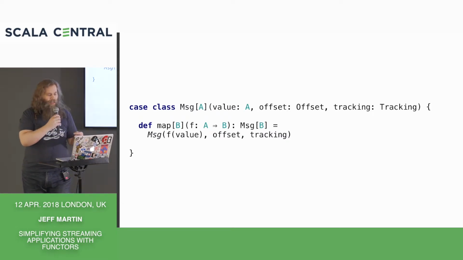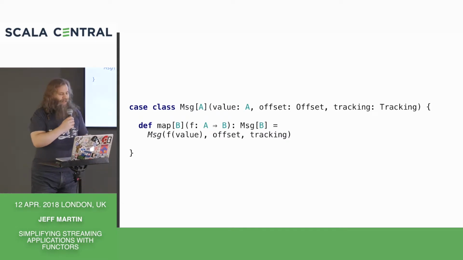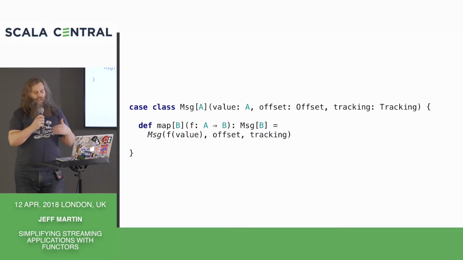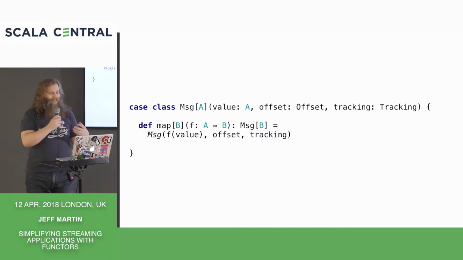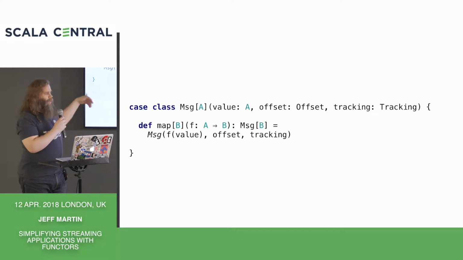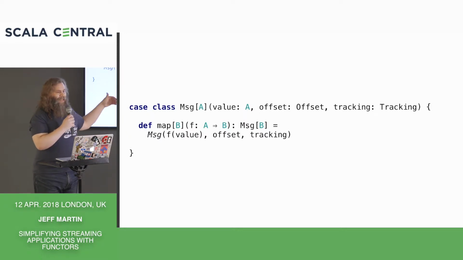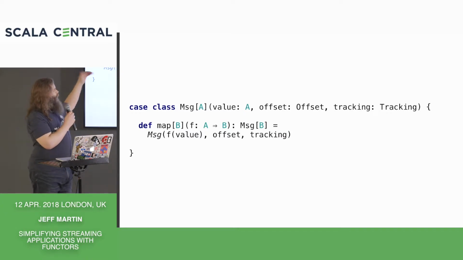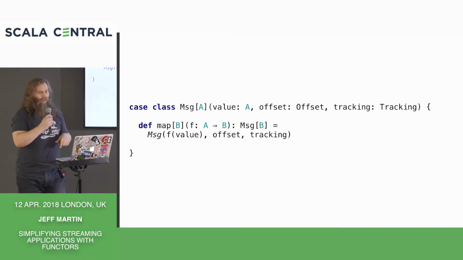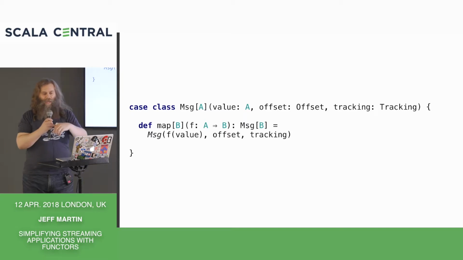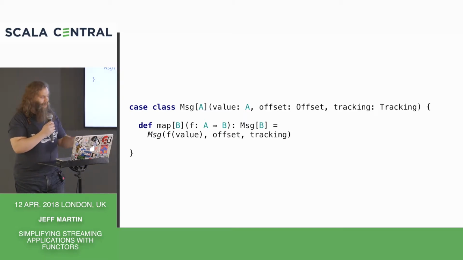We can use this with our data, so we can actually implement our message object as a functor, which allows us to then separate out. Inside the message object, it's dealing with the concerns of the offset and tracking, and the function from A to B, that's our business concern that we're injecting into the functor for processing.